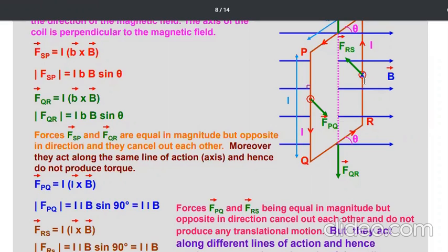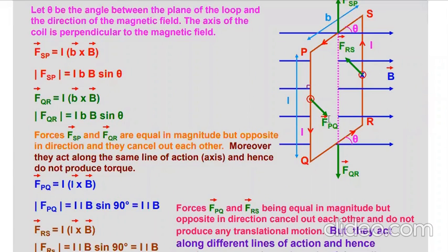The magnitude remains the same because the length of both arms is the same, the current is the same, and the magnetic field is the same. That's why the two arms experience a force in equal and opposite direction.